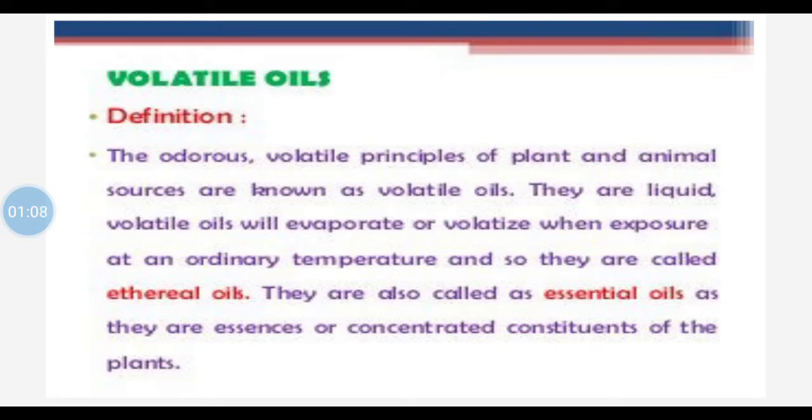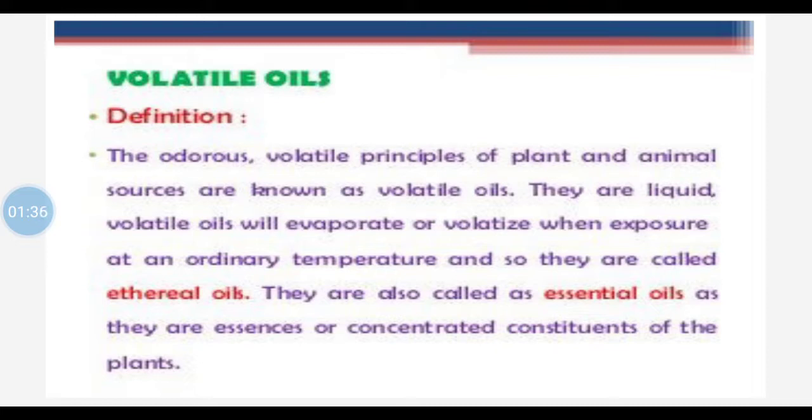Now the odorous principles, volatile principles of plant and animal source are called volatile oils. They are liquid in nature, they evaporate when they are exposed to ordinary temperature, and therefore they are also called ethereal oils.